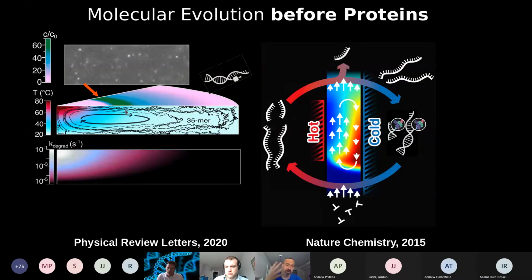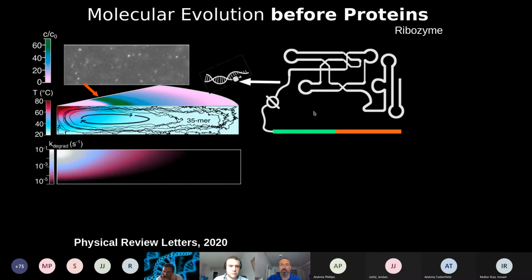And therefore, because hydrolysis under these high magnesium conditions where these ribozymes are operating can be minimized, can be reduced.